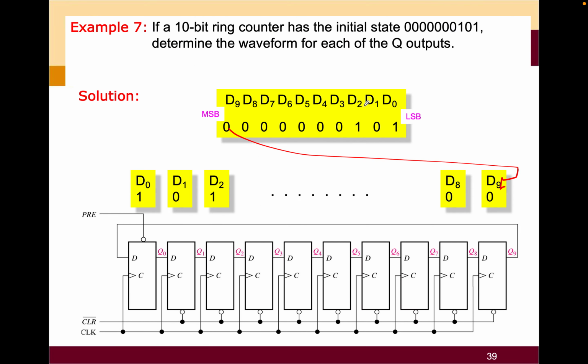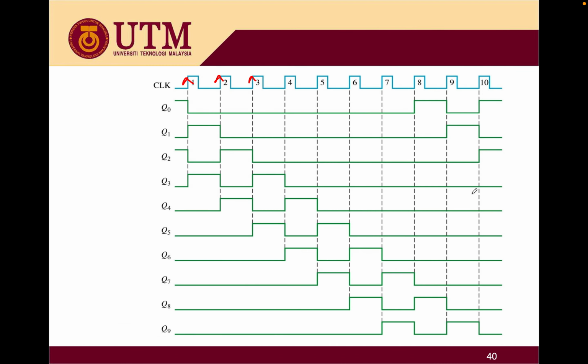First of all, your D0 will be 1, and then D1 will be 0, D2 will be 1, and the rest will be 0, 0, 0, 1, 0, 1. Here you can see at the end of cycle 10, you're going to have 1, 0, 1, and then 0, 0, 0, 0, 0, 0. So this is the final answer on your output.